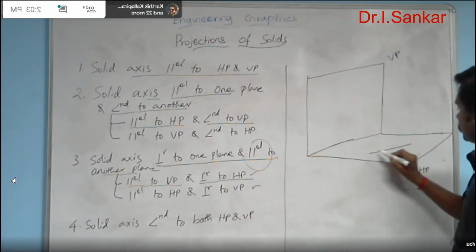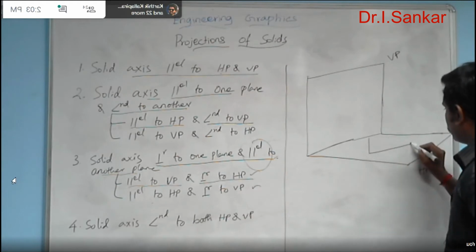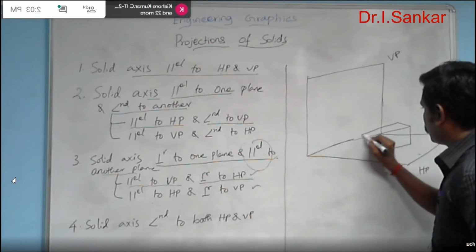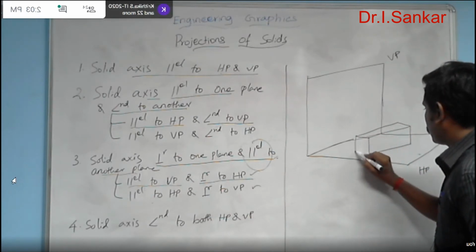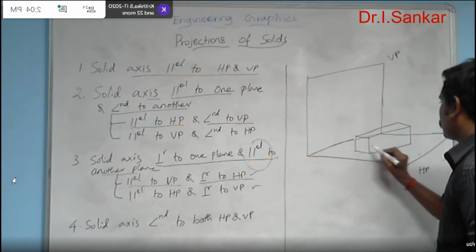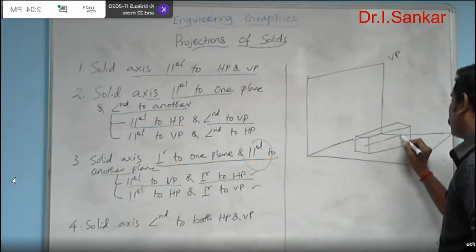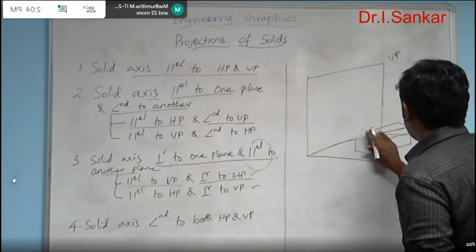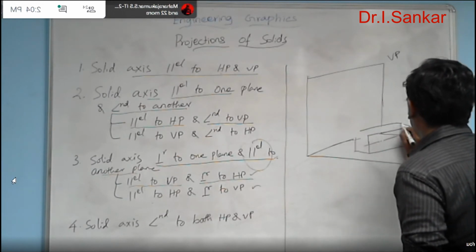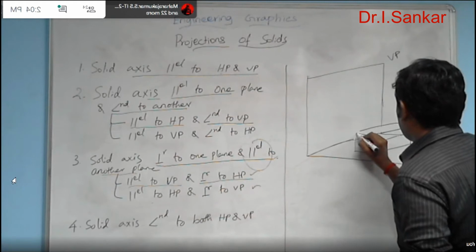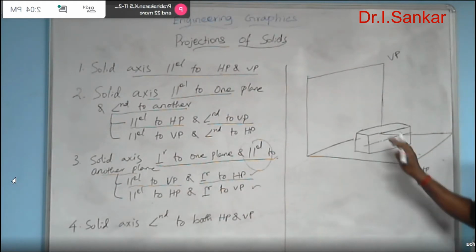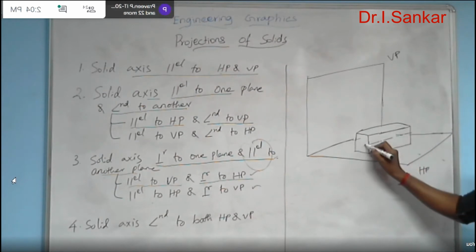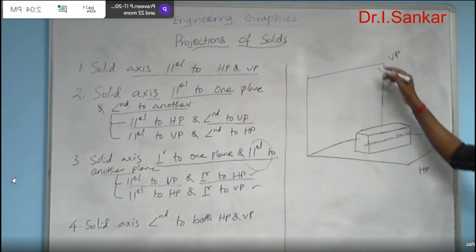See, in that way. So in that way you need to place the solid in order to have the axis of the solid parallel to HP and inclined to VP.